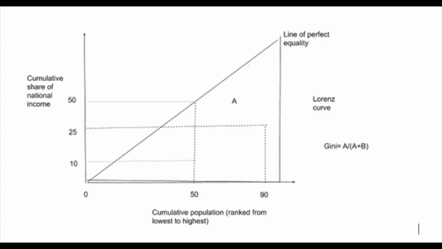In this situation, the area between the Lorenz curve and the line of perfect equality would be A, and B would not exist because there is no area below the Lorenz curve. Therefore, when calculating the Gini, A divided by A is equal to 1, and therefore 1 depicts perfect inequality.